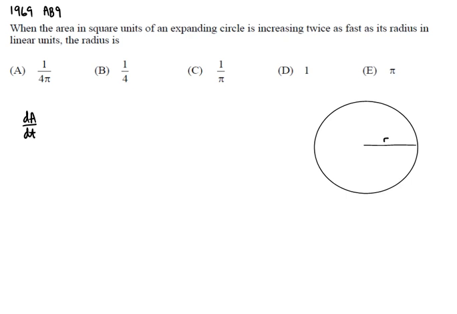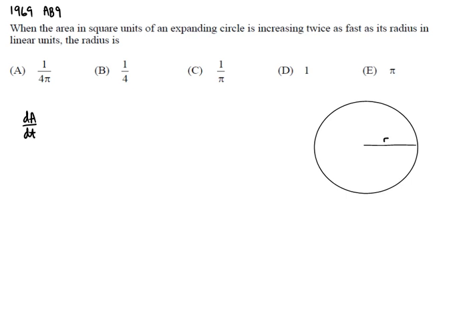Now dA/dt would give us the rate of change in the area of that expanding circle. And we know that that rate is increasing twice as fast as the radius. And what that really means is twice as fast as the rate of change of the radius, not as the radius itself.